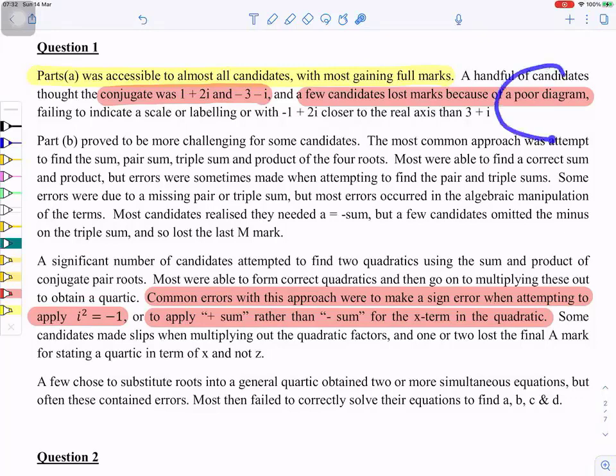And make sure you draw a large diagram and label the axis and indicate the scale, and learn to remember how to get the conjugate. But I'm happy with question 1, part A, because almost all candidates gain full marks in that. So that's how the examiners analyze this question 1.